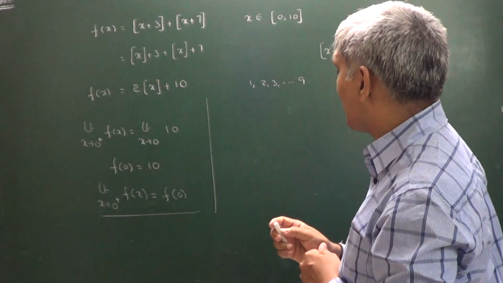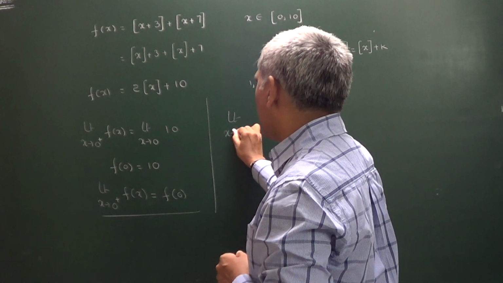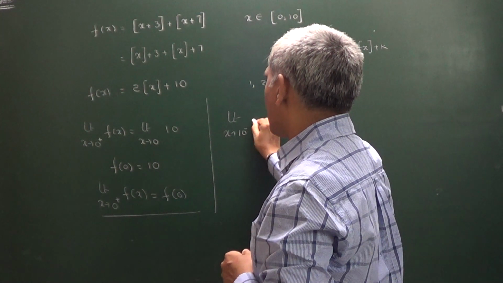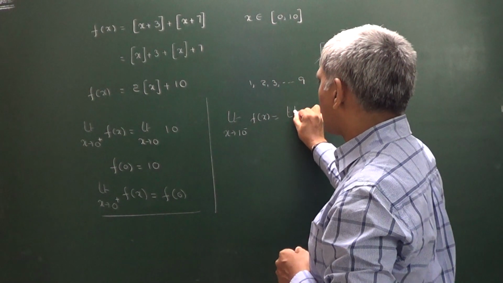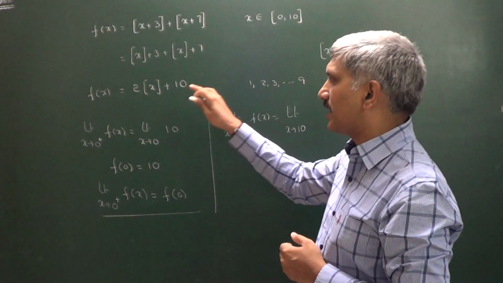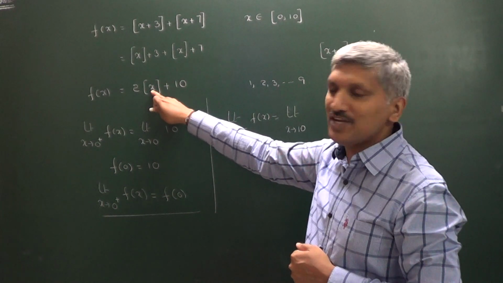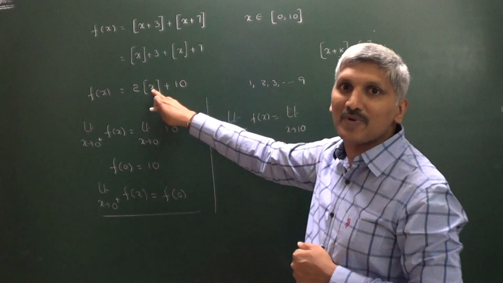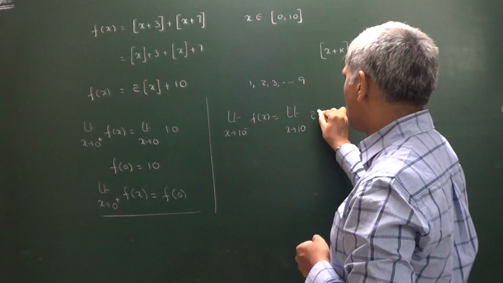Next we have to check left continuity at 10. That means we find limit x tends to 10 minus of f of x. In the 10 minus case the integral part becomes 9, so 2 nines are 18 plus 10, total 28.